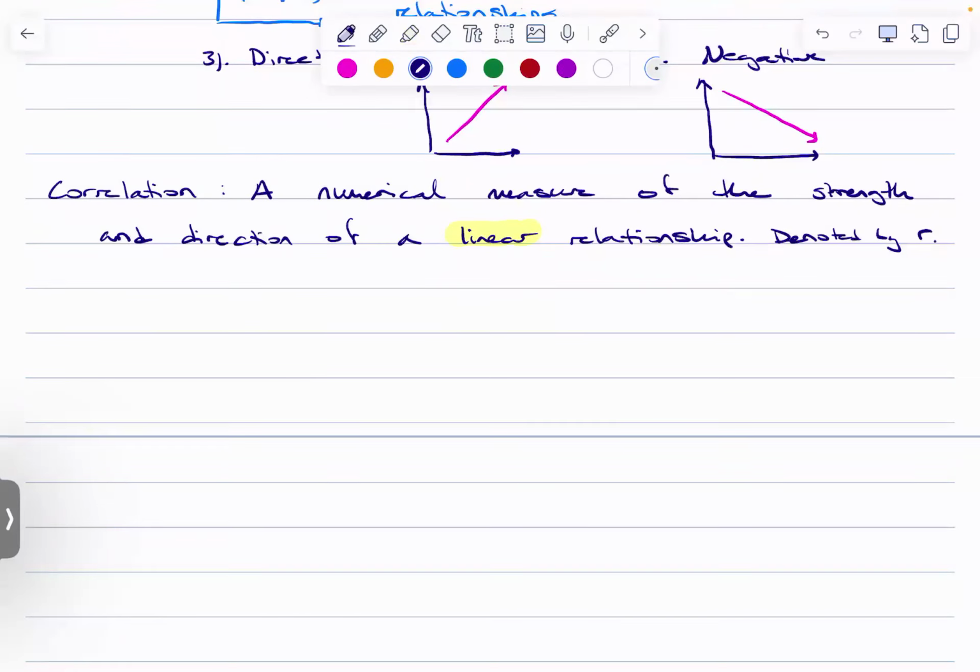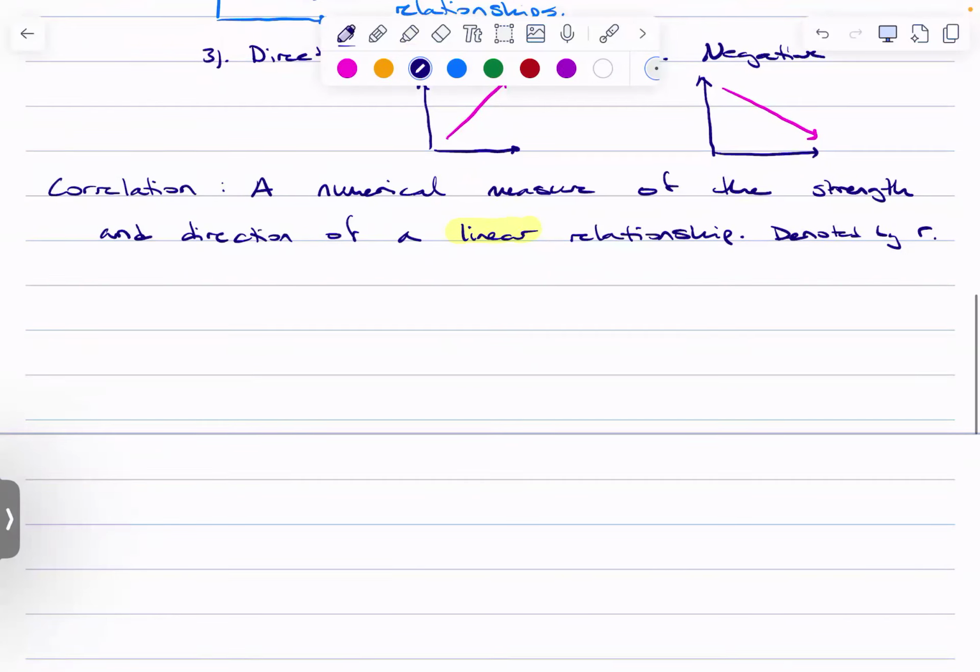In an old textbook, she was using a capital R, and it threw me for a loop. I don't like that. So the correlation has to be a number between -1 and 1, which puts 0 in the middle here.